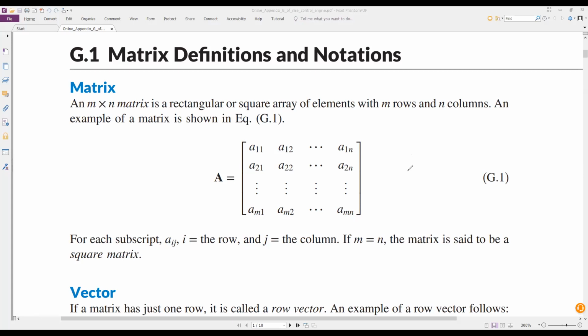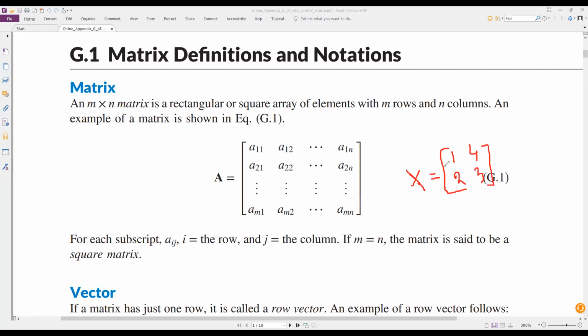Let's say we have a matrix X with 1, 4, 2, 3.